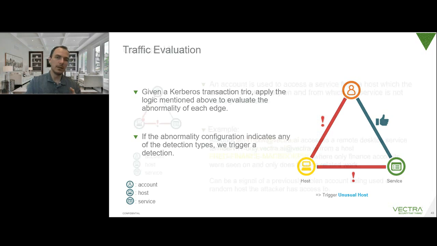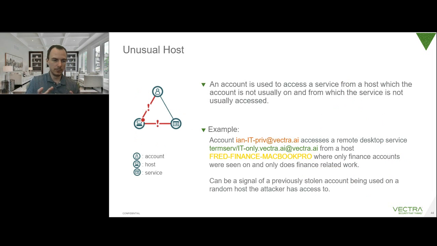To make this a bit more tangible, let's use this example. The account is used to access a service from a host which the account is not usually on, and there's no relationship between the host and the service. So here we have Ian IT's priv account accessing the remote desktop service for an IT-only system, and they're doing it from host Fred Finance's MacBook Pro, where what we observed is only finance accounts operating from.